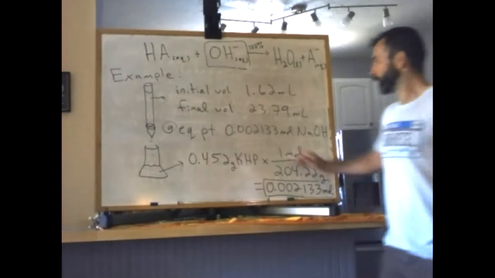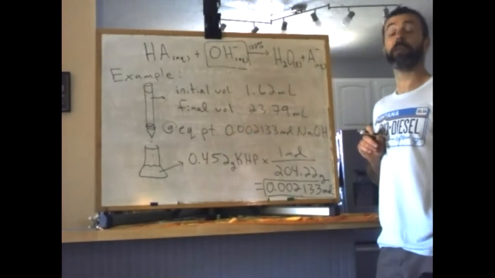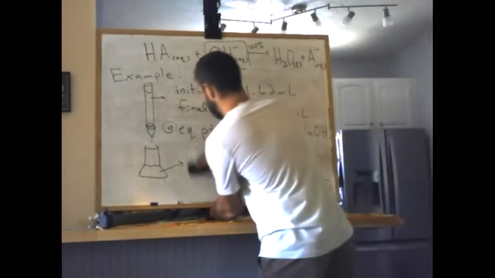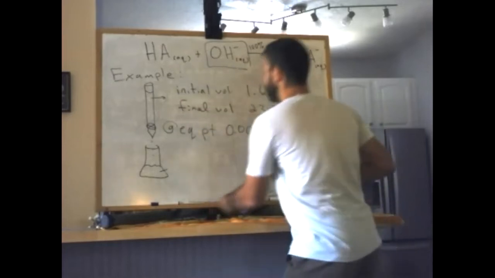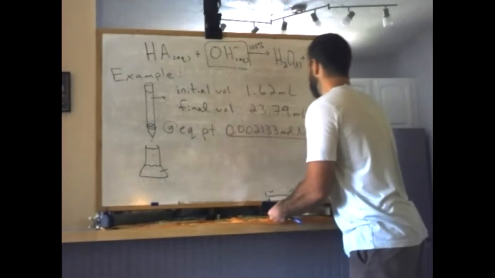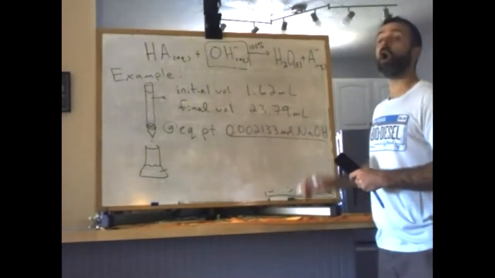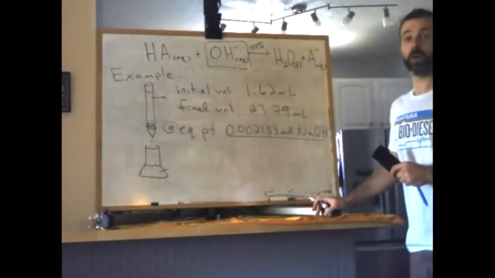All right. Did we want to figure out the moles of NaOH? No, we wanted the molarity. So how do we find the molarity of NaOH? You simply take the moles and divide by the liters. Liters of what? If we want the concentration of NaOH, we take the moles of NaOH and divide by the volume of NaOH used.